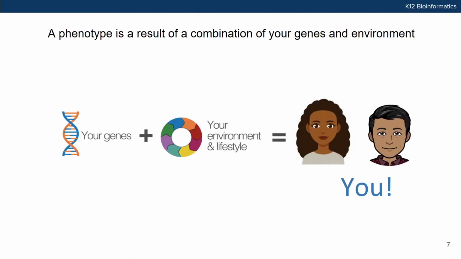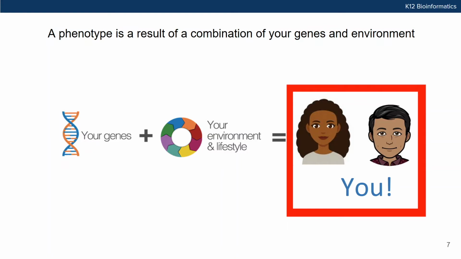Now you may be asking the question, how do these phenotypes and traits relate to genetics and the environment? You see here a fairly simple equation where our phenotypes, those quantifiable features of a biological trait, are collectively what make you, you.